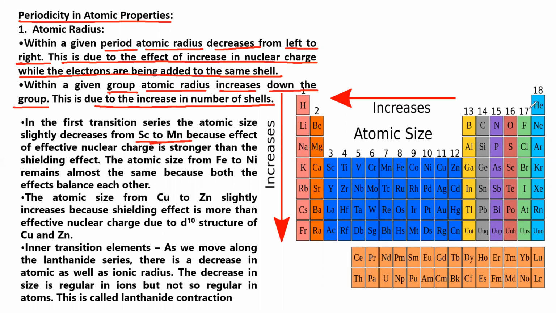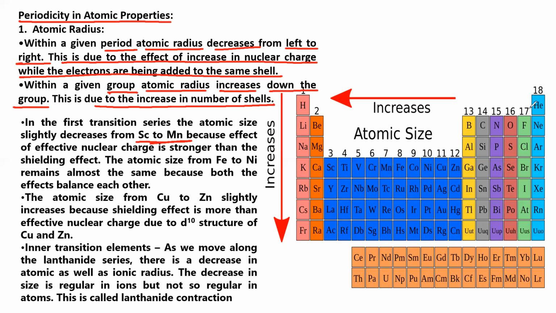So what is the shielding effect? What is nuclear charge? Nuclear charge is nothing but the charge on the nucleus. As the number of positive charges increases, the nuclear charge also increases. Whereas the shielding effect means the inner electrons shield the outer electrons from the nuclear attraction.